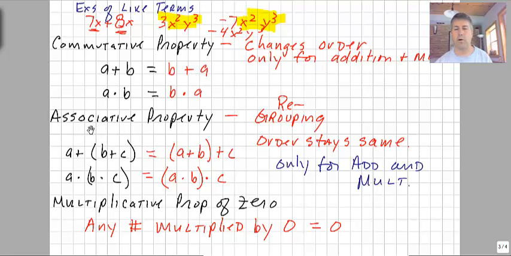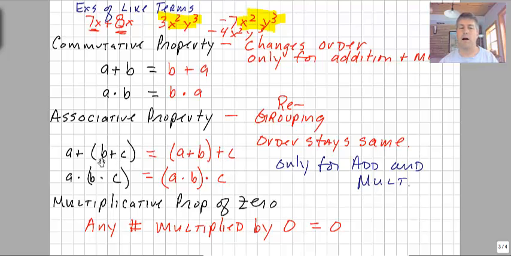Versus the associative property. In the associative property, we have regrouping. We're changing who we're hanging out with. The order stays the same. You can see here on both the left-hand side and the right-hand side, I have A, B, C. They stayed in the same order.